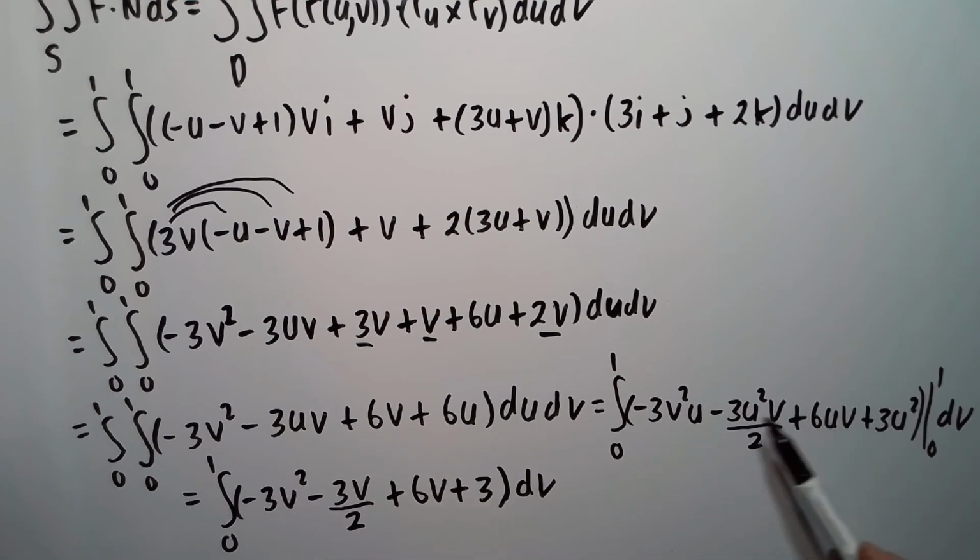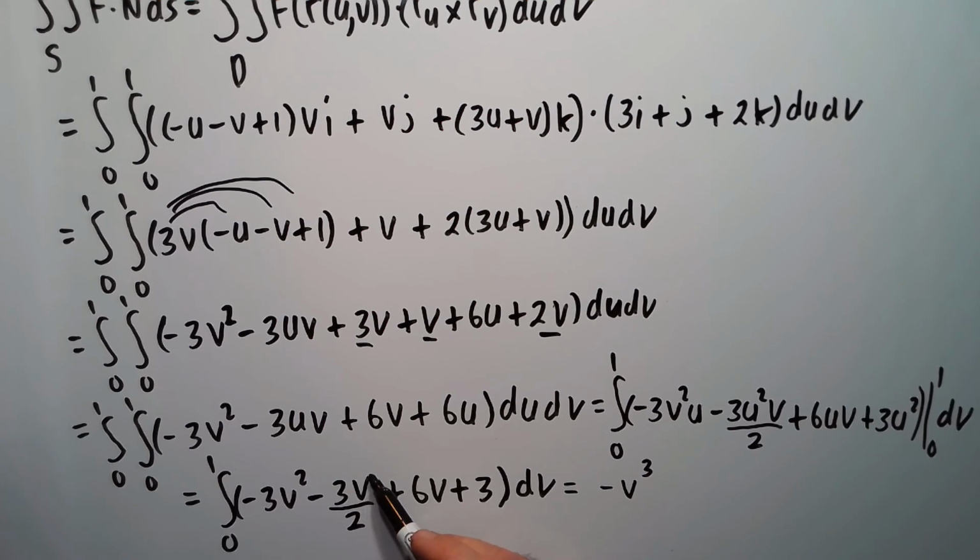this. Putting 1 in place of u here would be negative 3v squared, 1 in place of u here would be 3v over 2, 1 in place of u here would be 6v, 1 in place of u here would be 3. So then integrating this: integrating minus 3v squared, it would be v cubed over 3, the 3s will cancel to become minus v cubed.